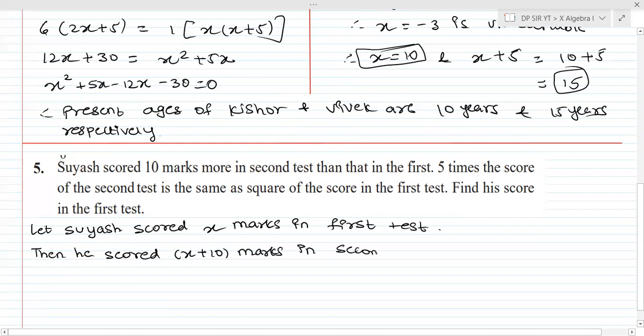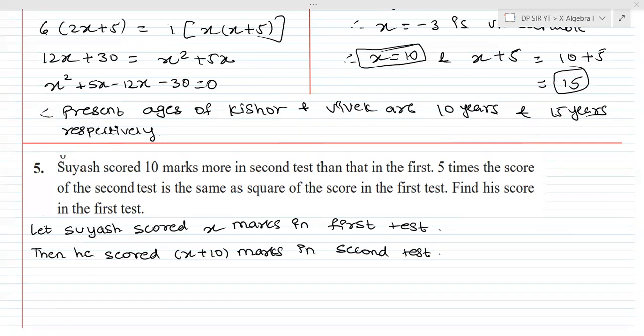Okay, in second test. So shall I go ahead? Just give me a moment. So then he scored x plus 10 marks in second test.